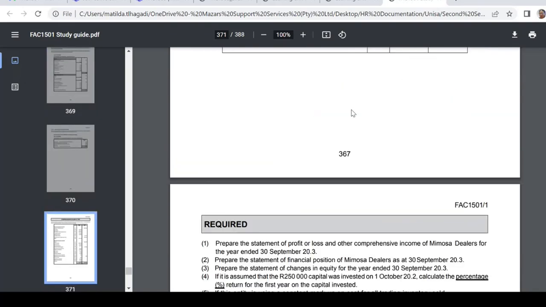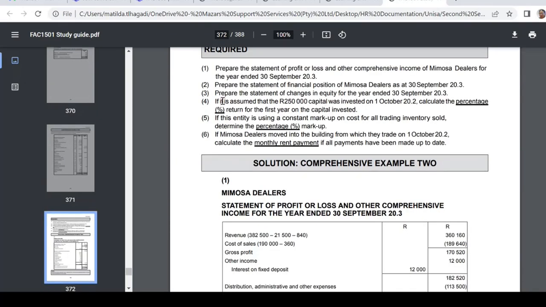When I look at questions 4 to 6, they're quite tricky. If you don't read properly, you can miss it. But when you look at the answer, they're quite simple.